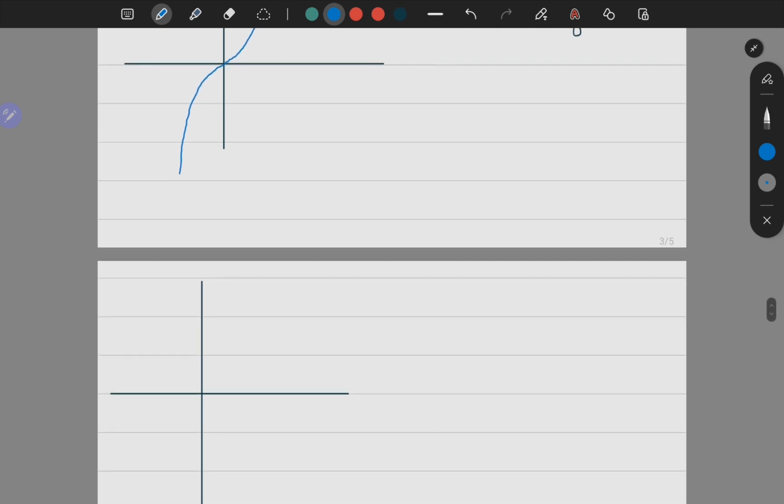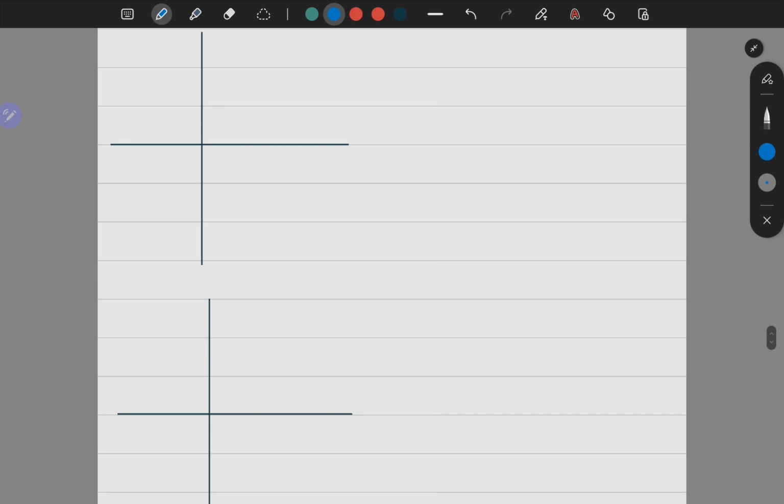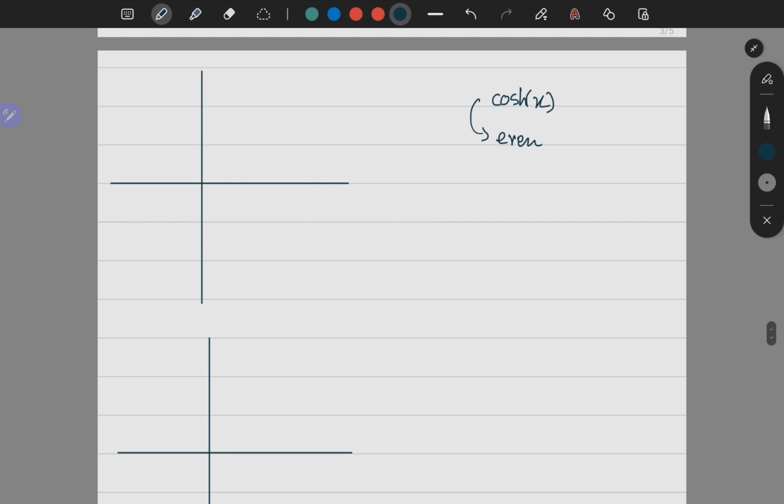All right. So the next one is going to be cosh x. Let's write that down. Cosh x. Now this is an even function. So cosh simply looks like this. Okay, I'll try to get a better graph for you, but this is how it looks.